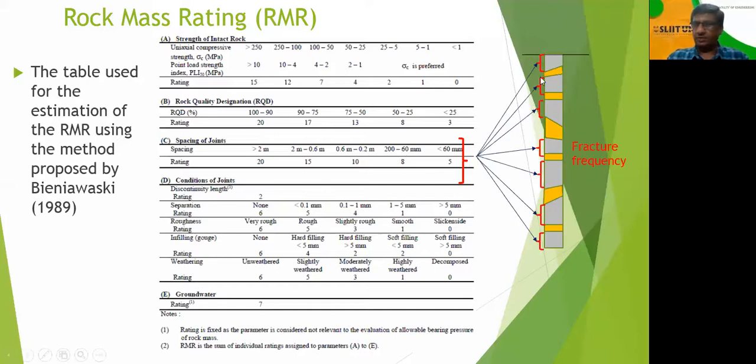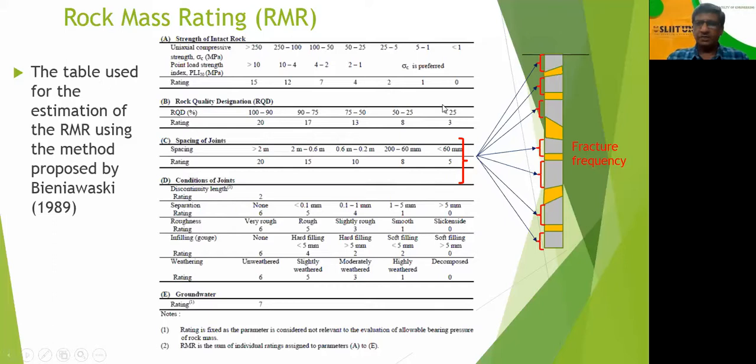I have shown here the rock core obtained from the coring of the rock. You can see that these are the fractures, and the yellow colors are fractures. Of course, I have assumed here that fractures are infilled with some material, but it may not be the case. So what is the spacing of these fractures? That is given a rating here.